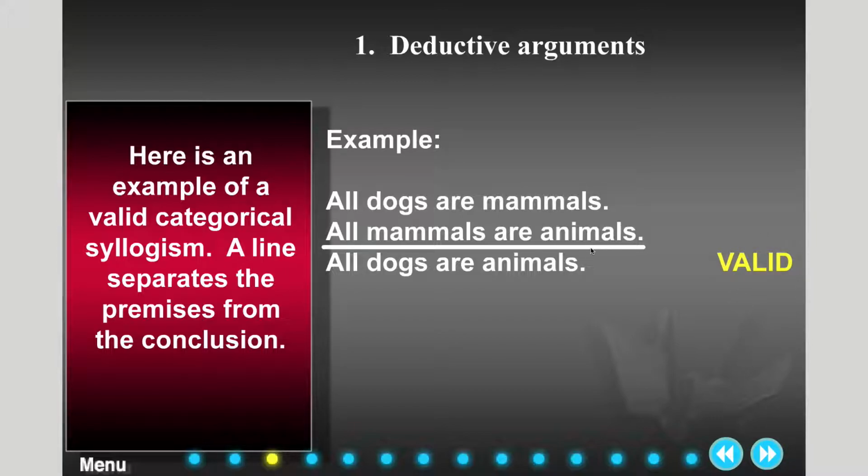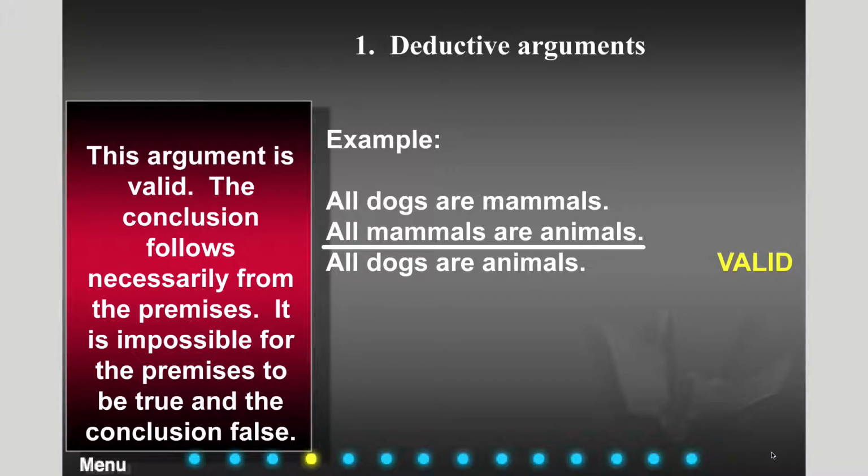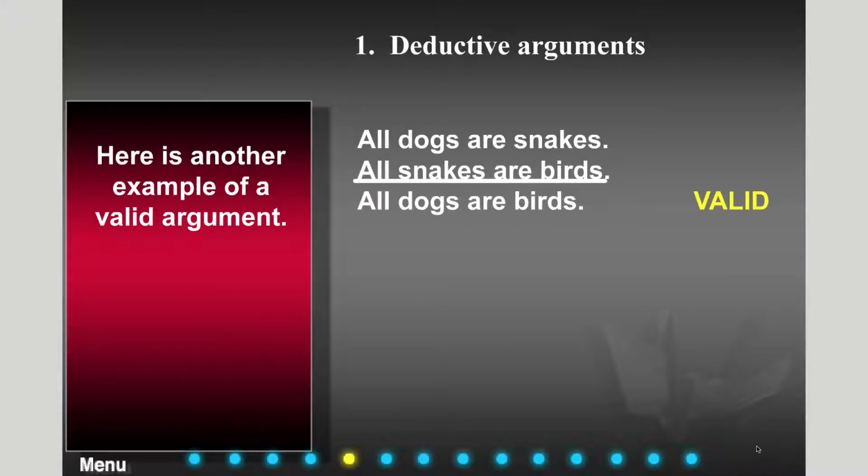You can see that here we have a line that separates premise 1 and premise 2 from premise 3. For now, we don't care whether these are true. That sounds odd, but we will get there. We will be asking if the premises are true, and therefore whether we have sound arguments. So the argument is, of course, valid. The conclusion follows necessarily from the premises. It can't be true that these are true and then this turns out to be false. So it's a valid deductive argument.